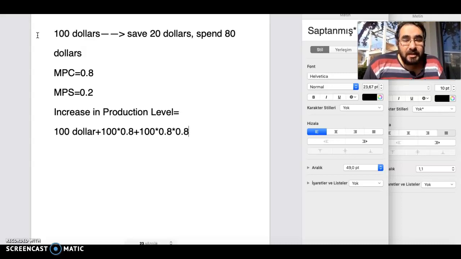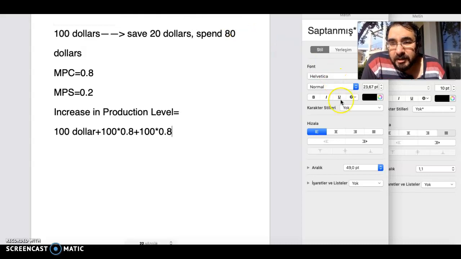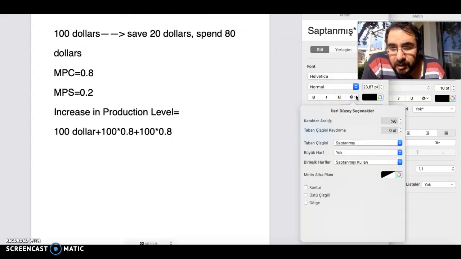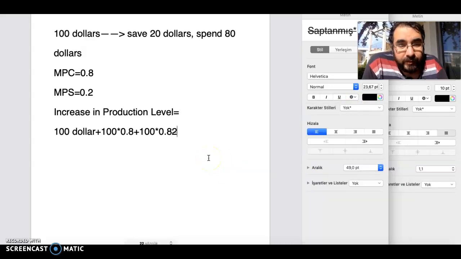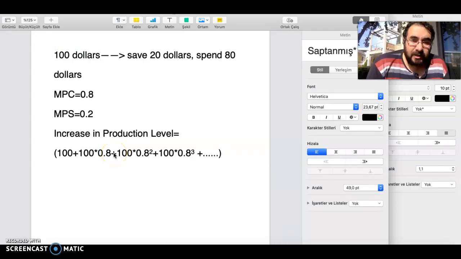This means this person is spending 0.8 squared of this money. So that is 100 times 0.8 squared.